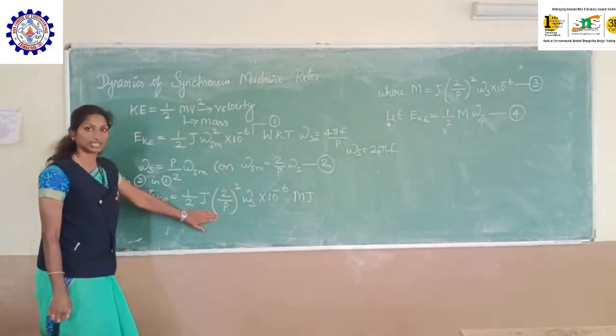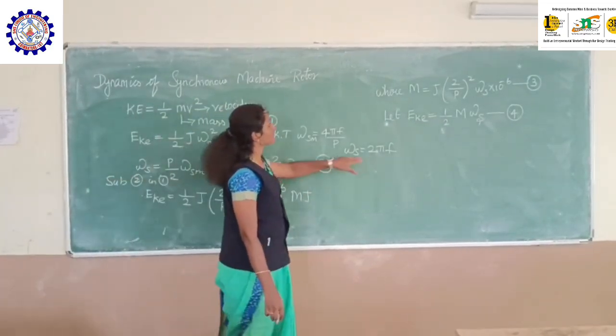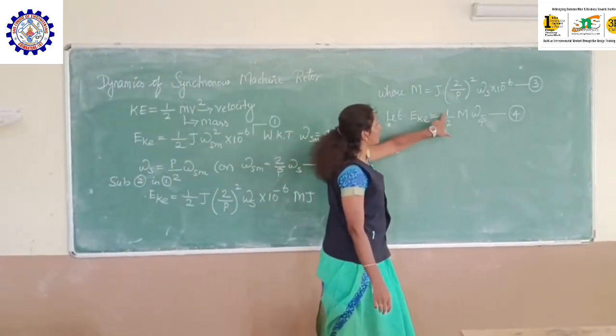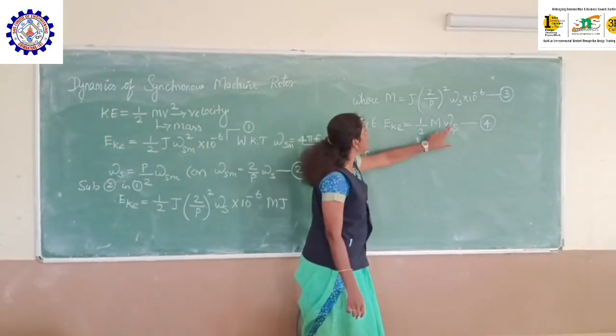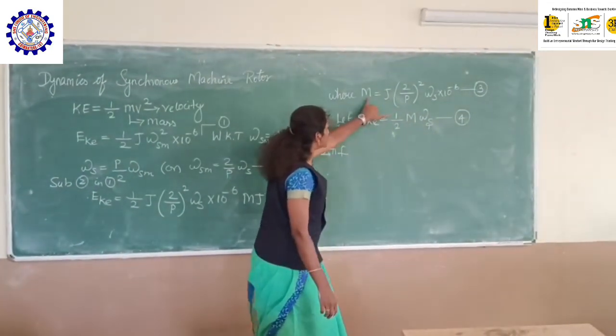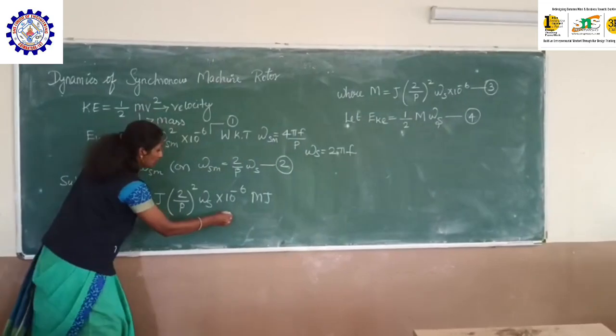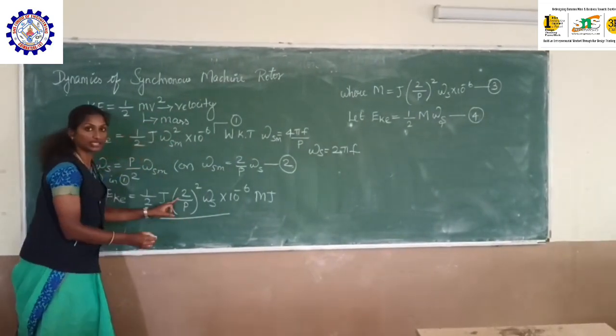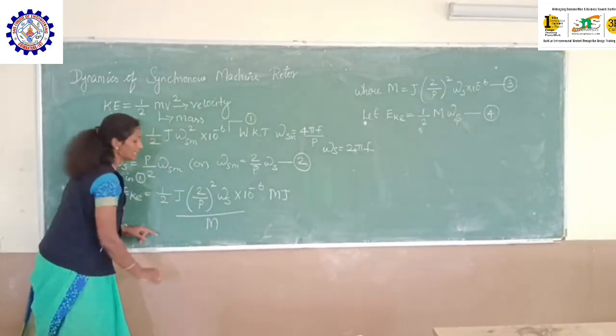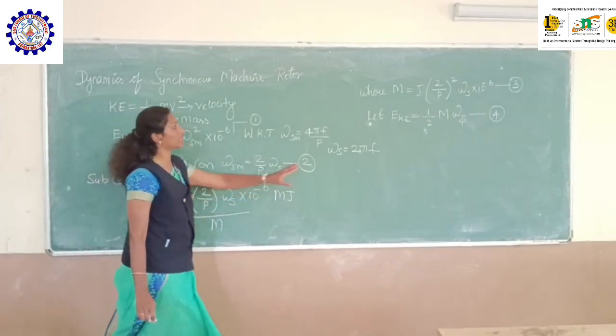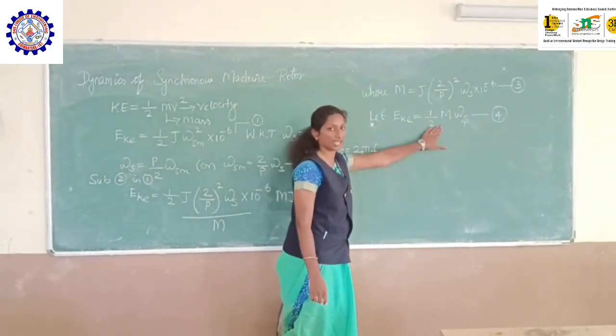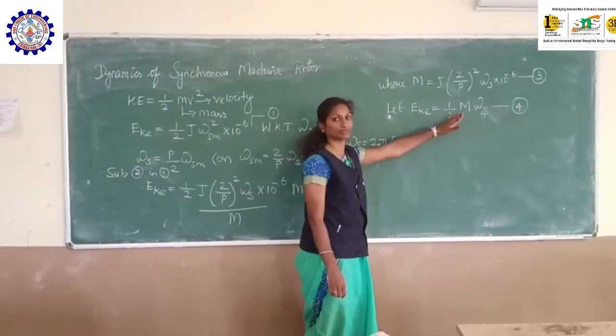So this equation can be redefined as E_K is equal to half M into omega S square, where M is considered as J into 2 by p whole square. So this term we have considered as M. So the equation becomes half M omega S square. Mark it as equation number 4.